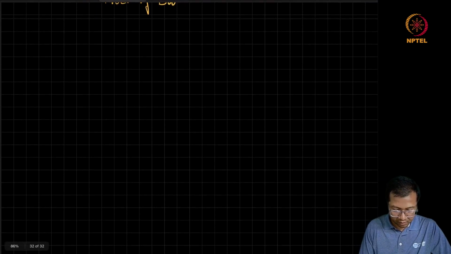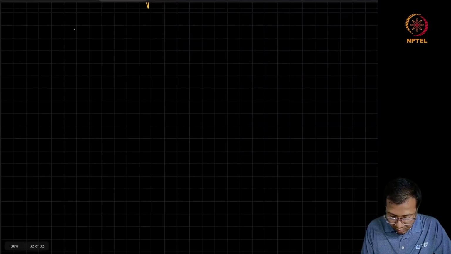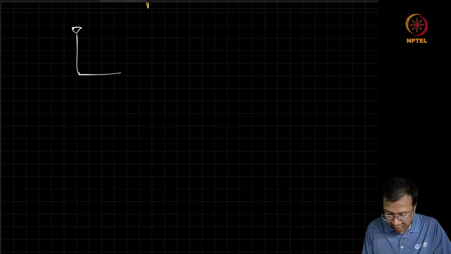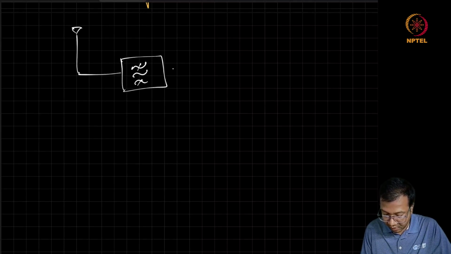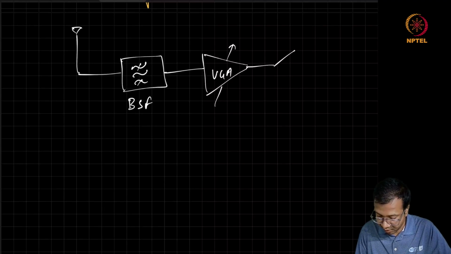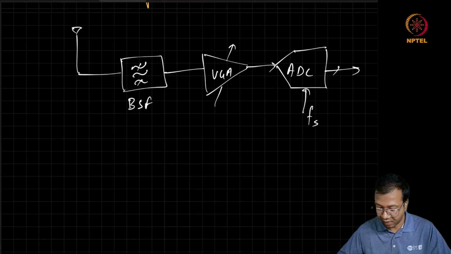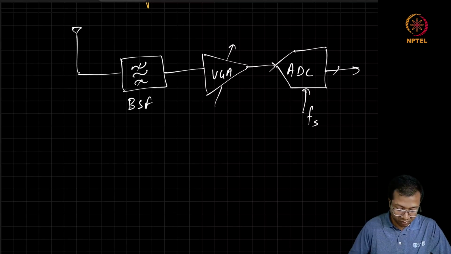So the conclusion is that trying to digitize the signal directly with the help of an ADC cannot be feasible, especially when we are talking about a high frequency signal being received. Okay. The reason is that even though the sampling frequency can be lower, the tracking bandwidth has to be much higher.